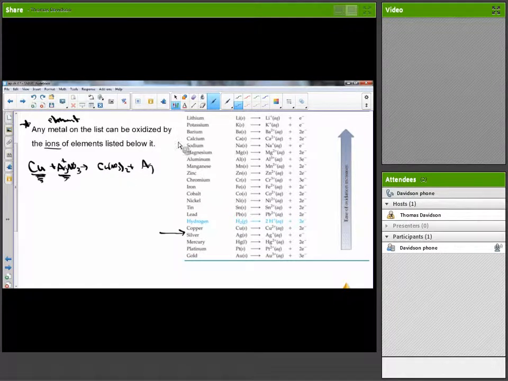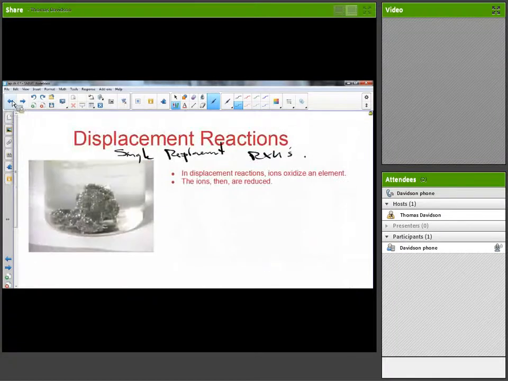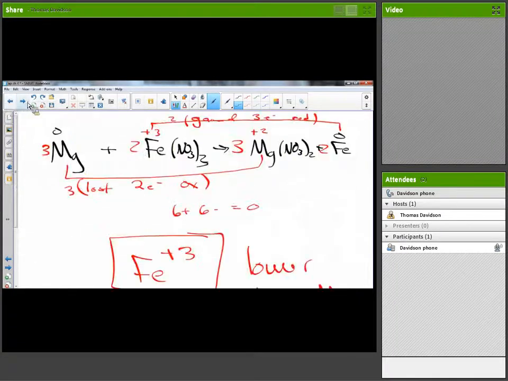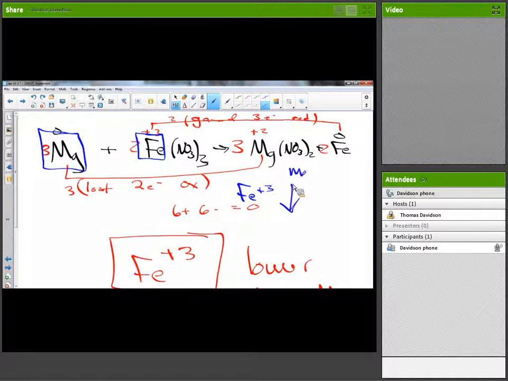Okay, so let's think about this. We did some. Let's go back real quick. There is one: magnesium plus iron nitrate. What's my metal? The magnesium. So to see if I was right and this reaction really happens, magnesium's the metal, the ion is iron. So Fe+3 must be lower than Mg for this to really happen.